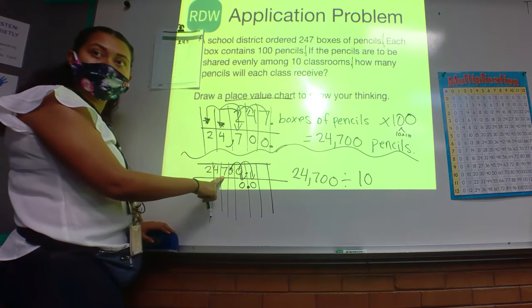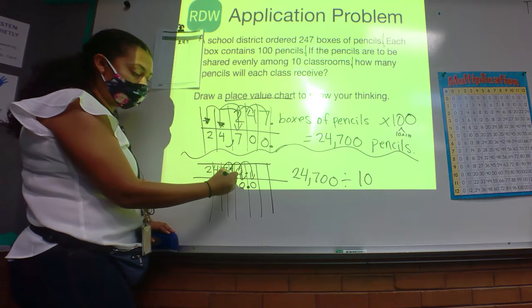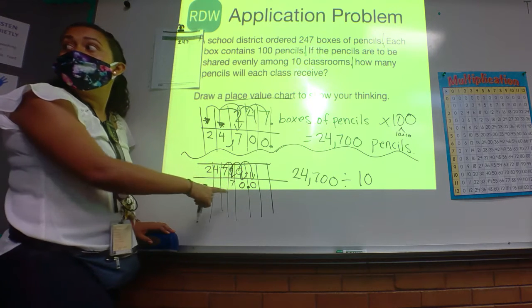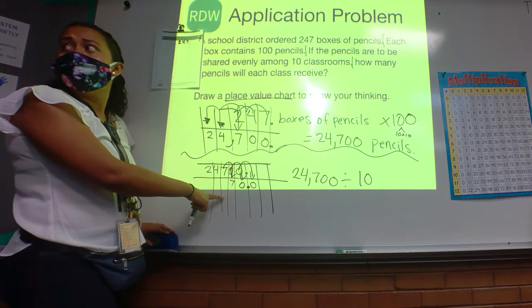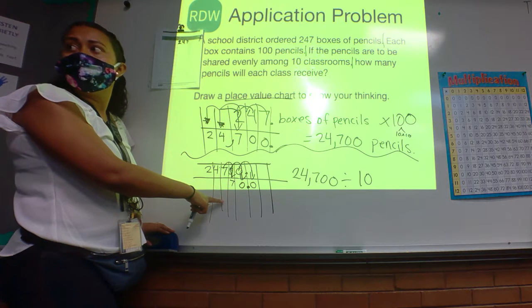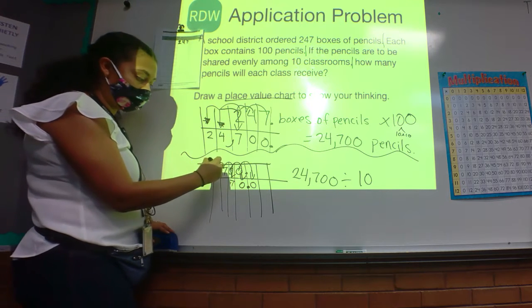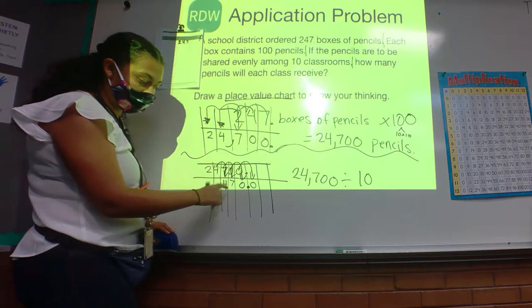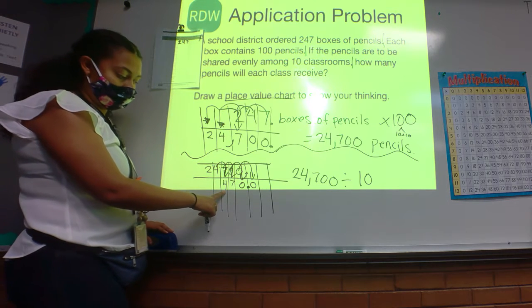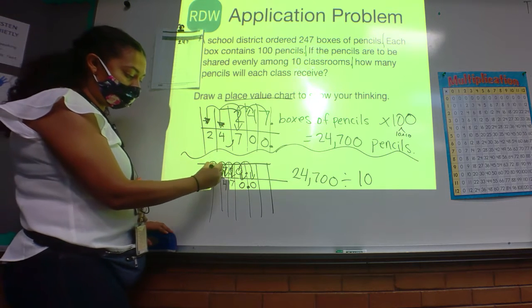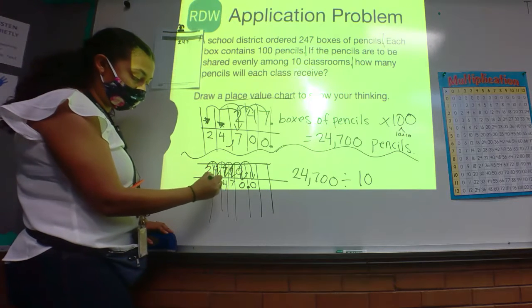Okay, next digit. 1 jump, drop it down right here. Okay, next one. 1 jump, drop it down right here. Okay, next one. 1 jump, 1 shift, drop it down right here.